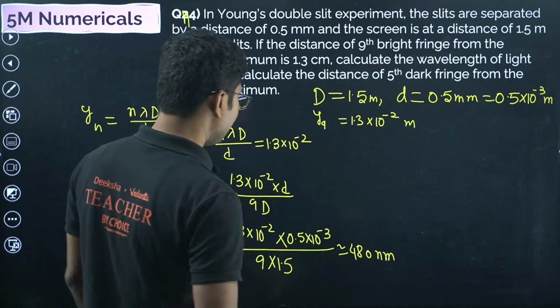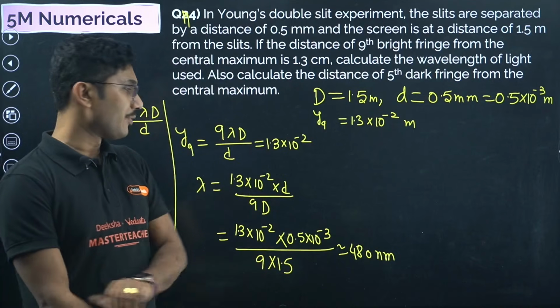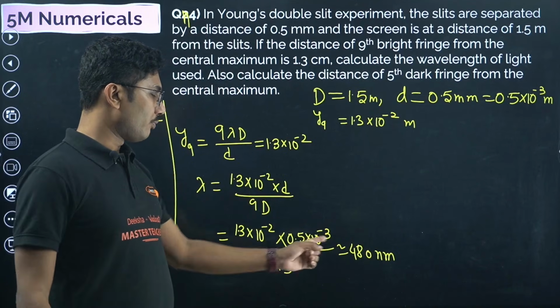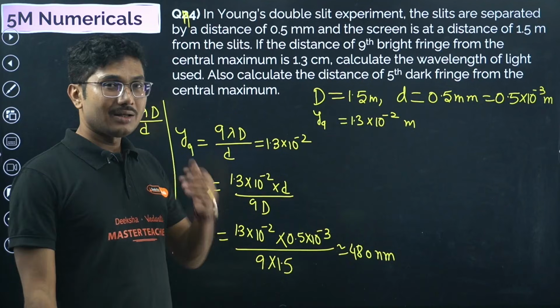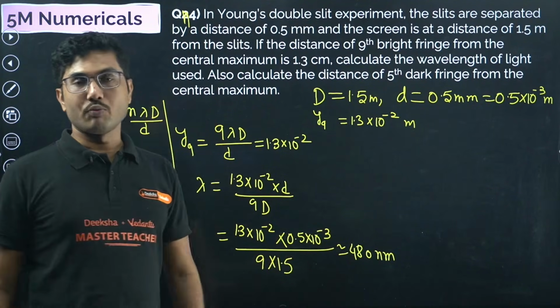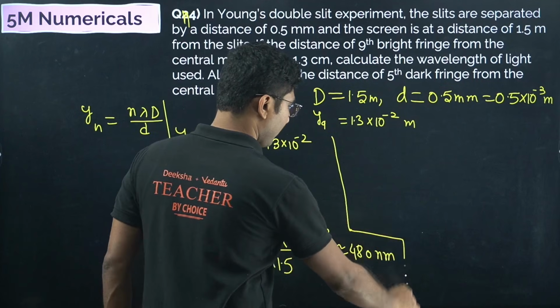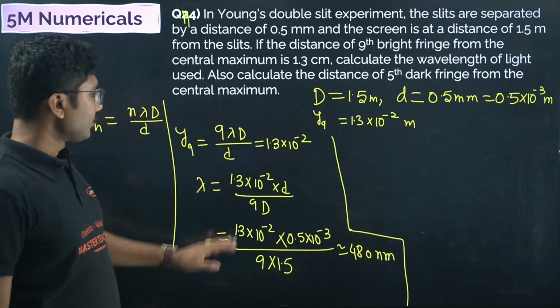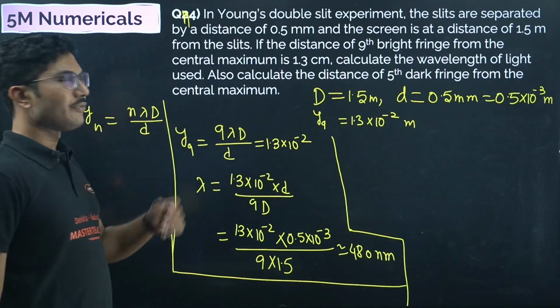Let's check. If you calculate it, taking account of everything, you will get 4.8 into 10 to the power of minus 7. So you can take that as 480 nanometer, approximately violet ray. So this is the 9th bright fringe. This is easy. If you remember the formula, you can solve it.